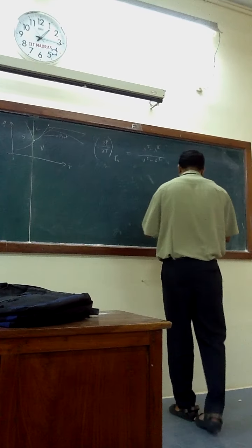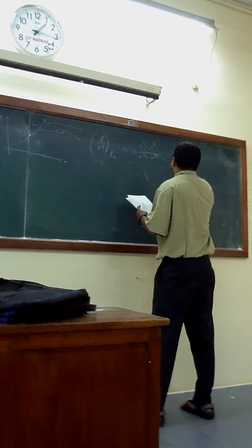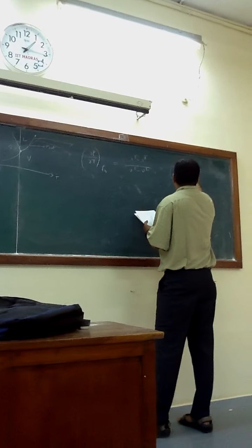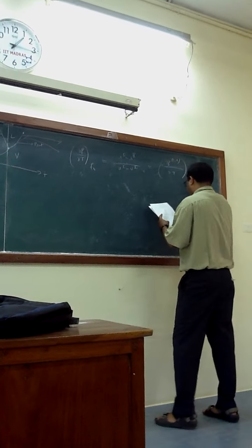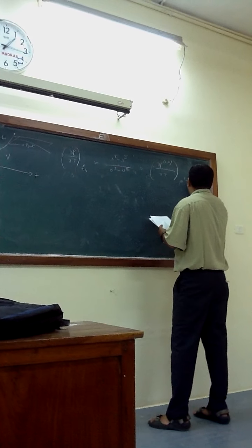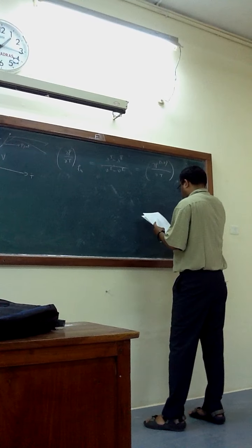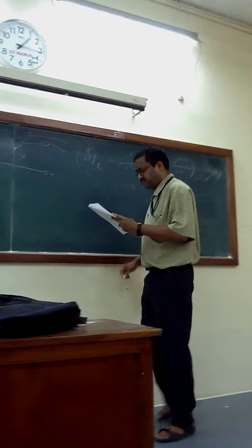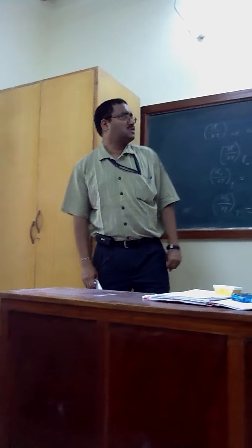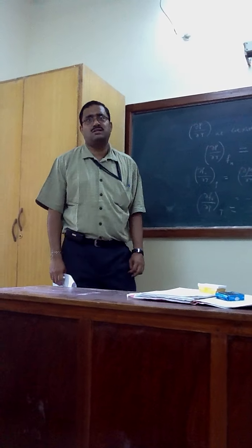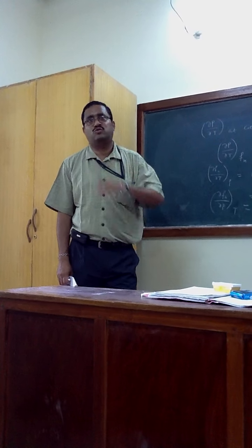This is nothing but dou P dou T at mu 1 equals mu 2, equation number 8. You got some expression, dou P by dou T at Fn, where Fn is mu 1 minus mu 2.